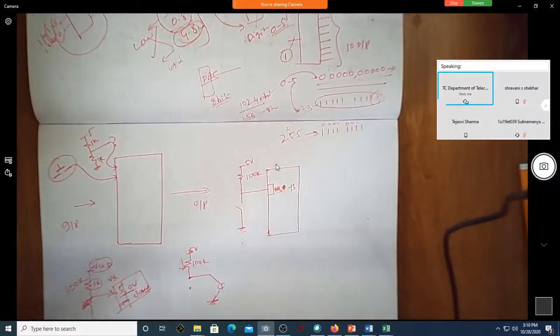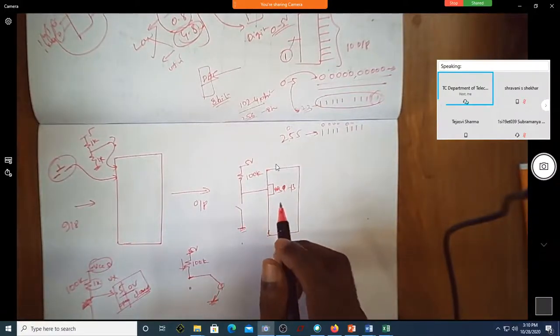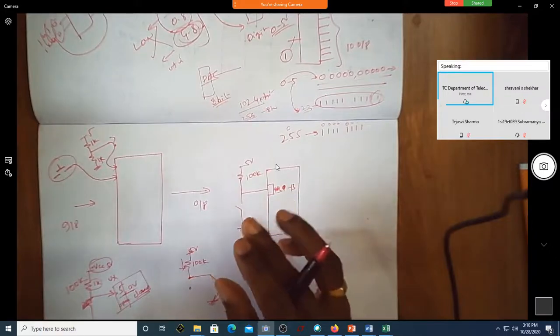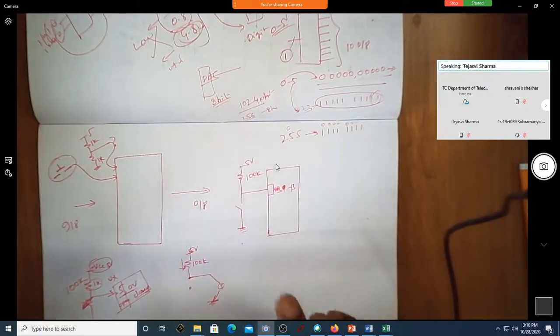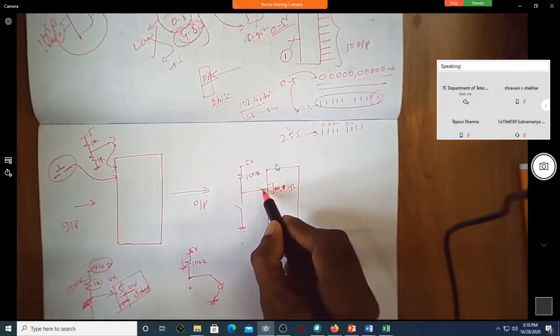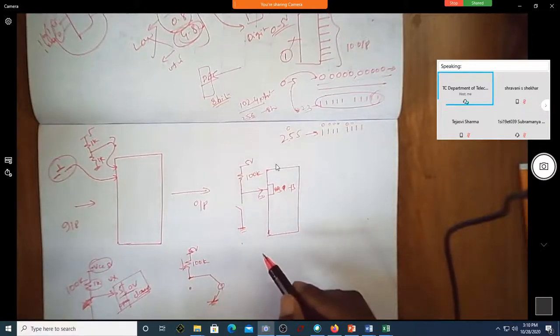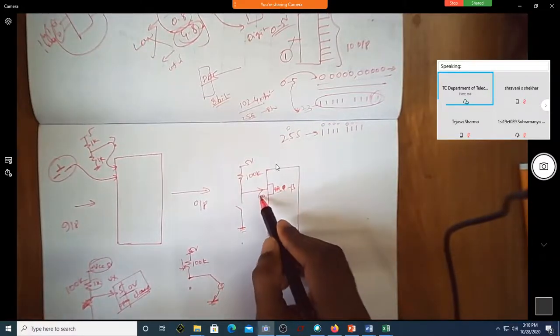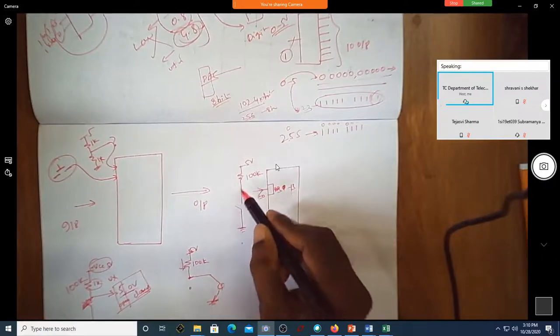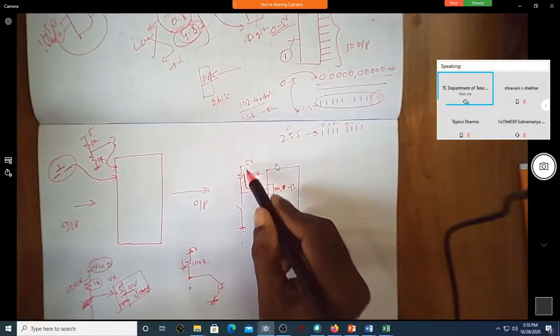Maybe in AMCD also we keep discussing that input impedance should be as high as possible. It is true for this also, meaning it should not draw any current. So current should be 0 here. What are the different paths for current to flow from VCC?